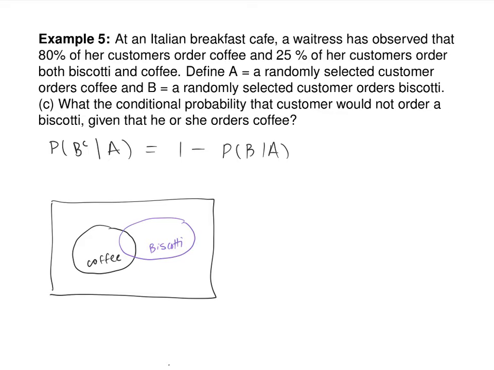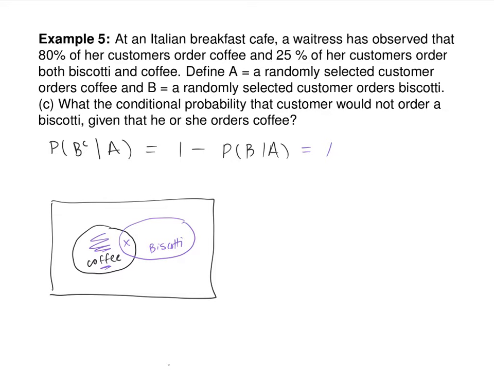So if you know somebody has coffee, where do they live if they don't order biscotti? In that little Pac-Man shape. Yep, does that make sense? What about the probability that if you know they order coffee, where is the ordering biscotti part? That's this part right there. So that's why we have the complementing thing going on here.